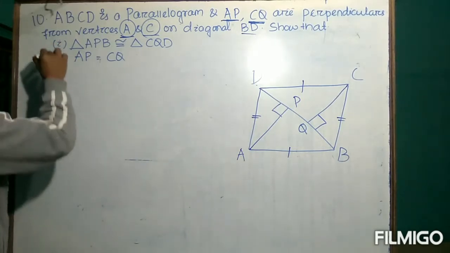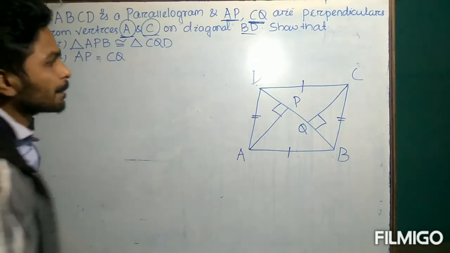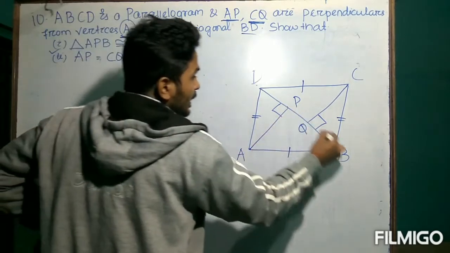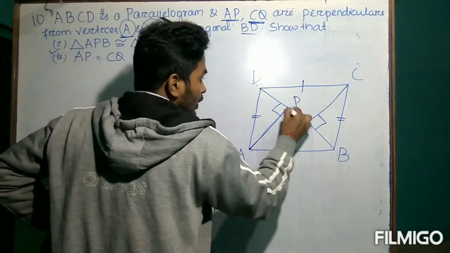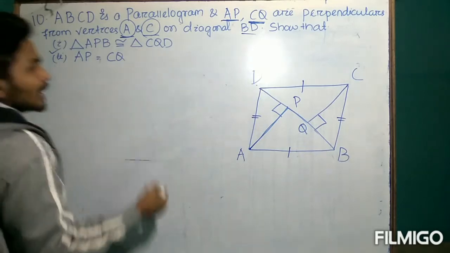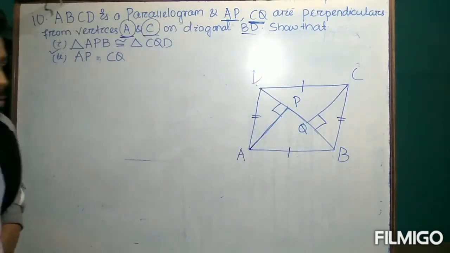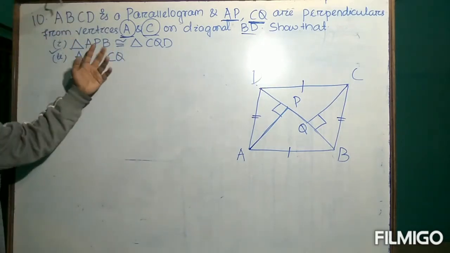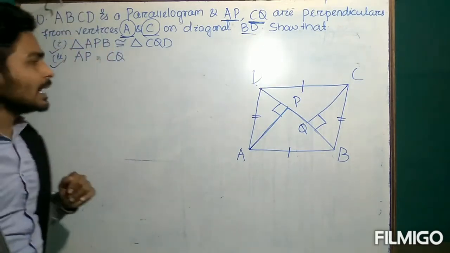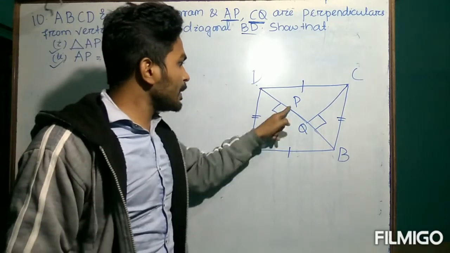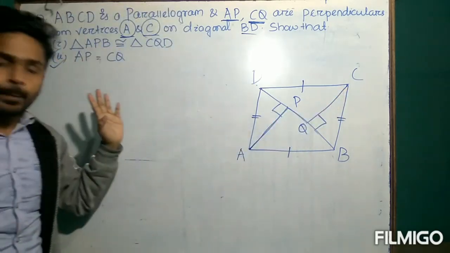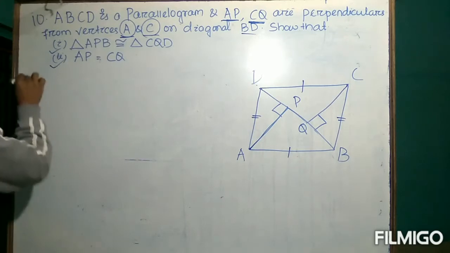The first thing is that triangle APB is congruent to triangle CQD. Let us prove the first statement, then we will move to the second statement, that AP is equal to CQ.